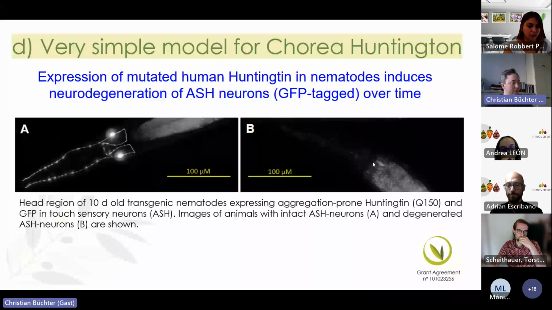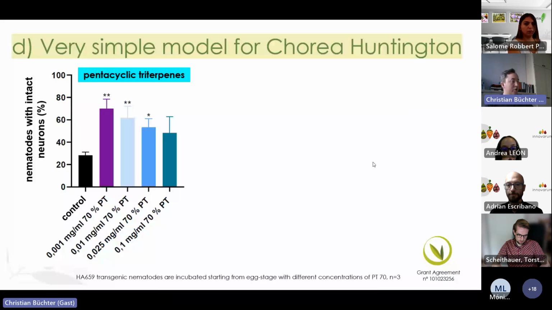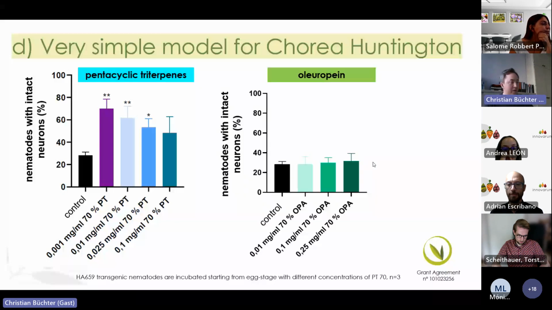And then we can count the amount of animals showing defects or intact neurons. And here we found that the pentacyclic triterpene enriched extract rescued these neurons from degeneration, compared to another extract containing oleuropein, which had no such effect.